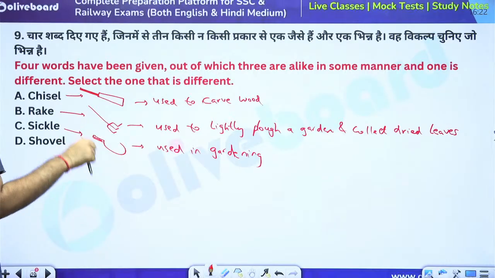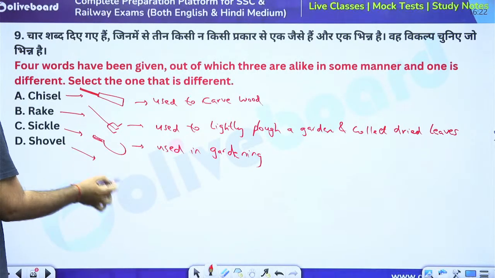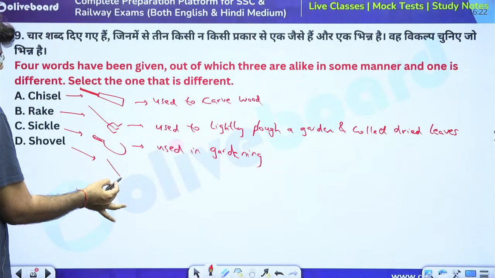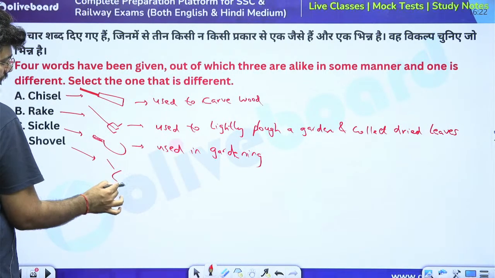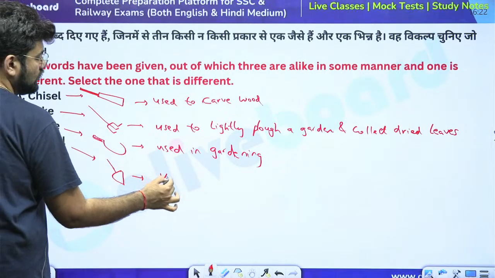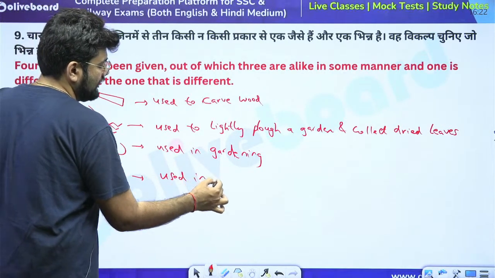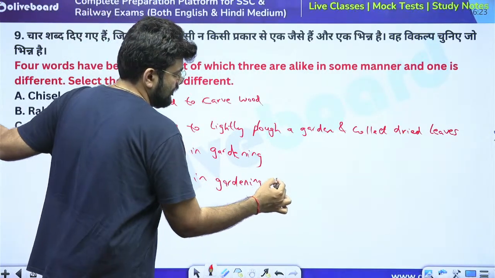So the sickle actually helps for that. Also some people just sow seeds with its help. And a shovel is again used to dig around, also used in gardening for digging and moving soil.